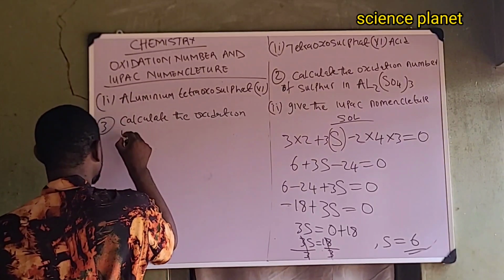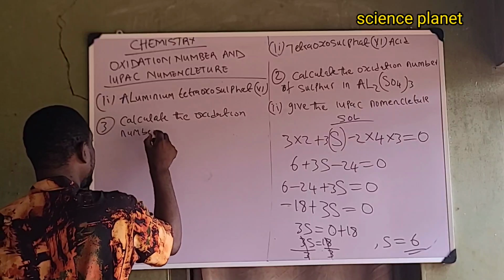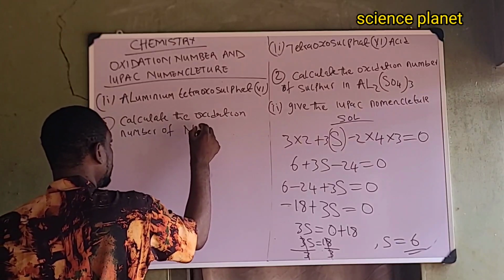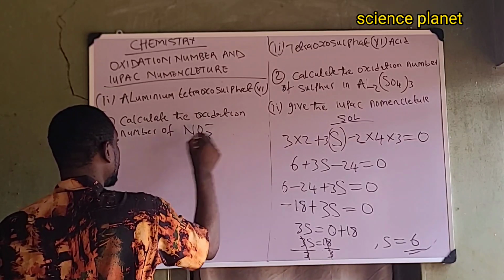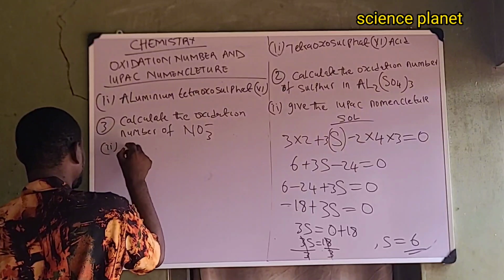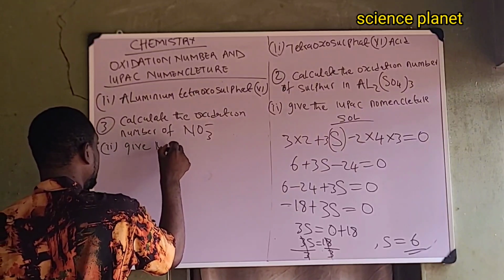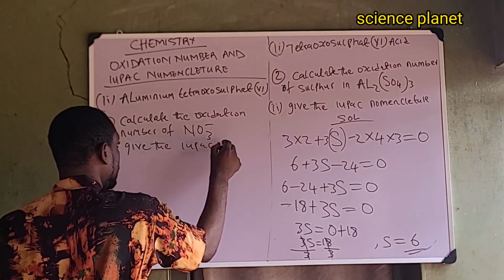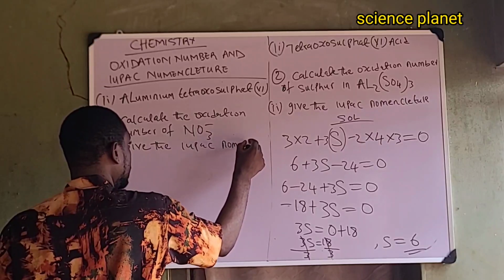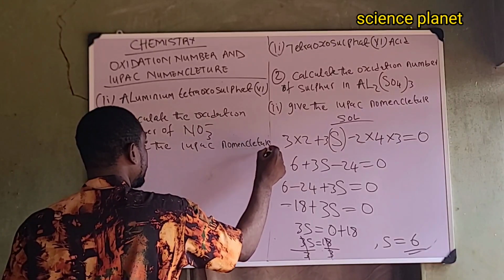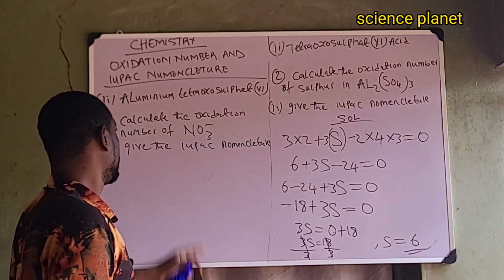Oxidation number of NO3 minus, and give the IUPAC nomenclature. Okay, very simple.